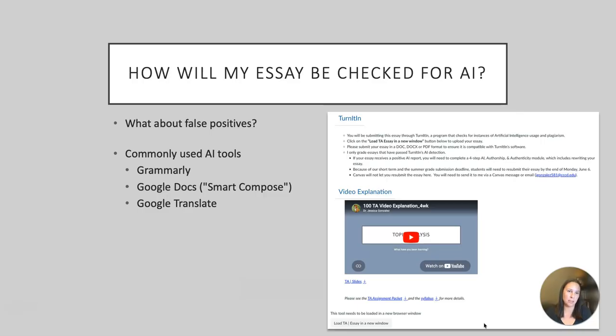And so it can be tempting for students to write the essay in their native language and then use something like Google Translate to turn it into English. That will be like 100% AI detected. It is AI tools that power Google Translate, and all of this stuff I'm talking about. So please do not do that. It's important to know, not only for non-native English speakers, but for anybody.